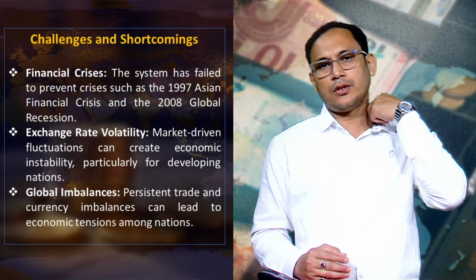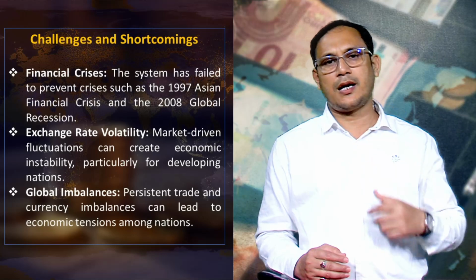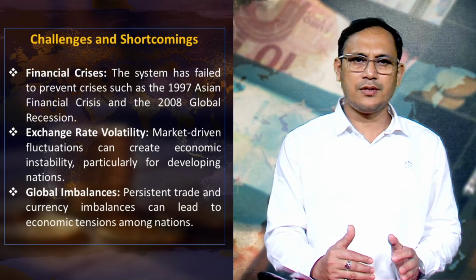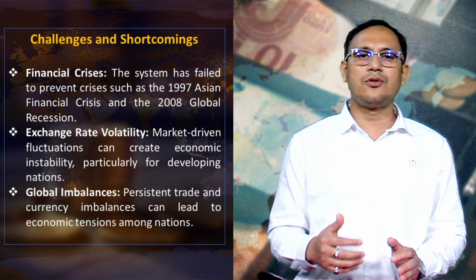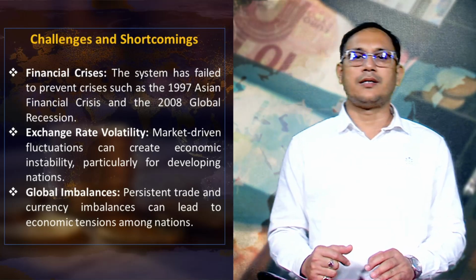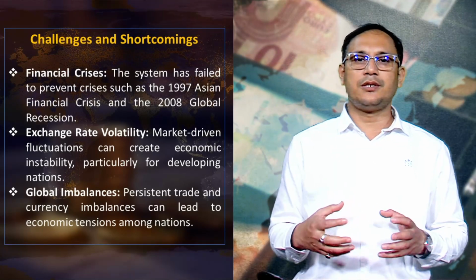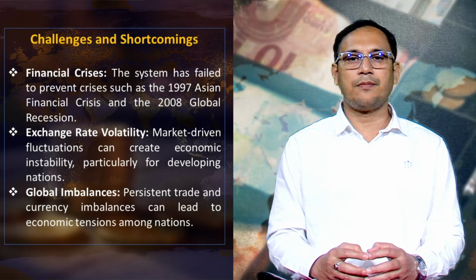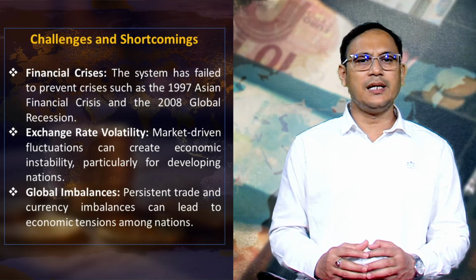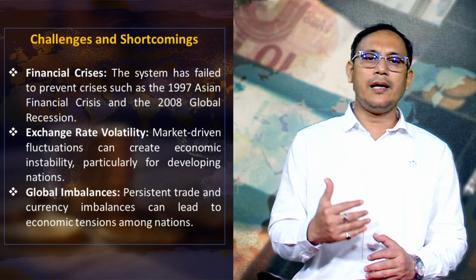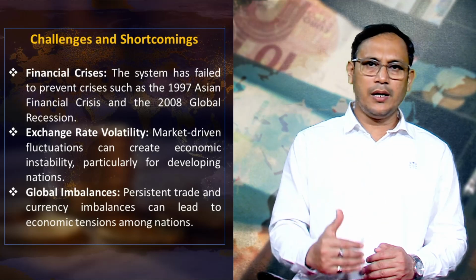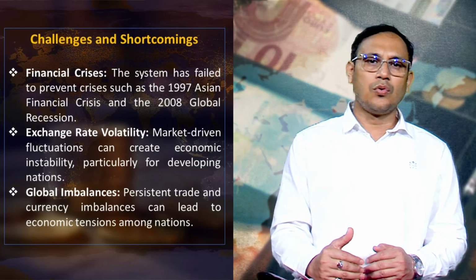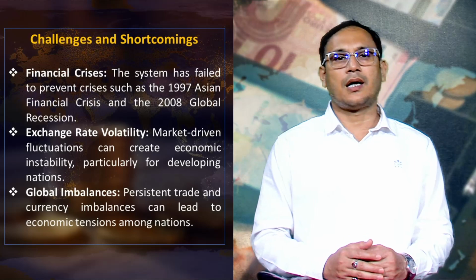So what are the shortcomings of the current system? One of the important shortcomings is instability, the inability to prevent financial crisis. Although flexibility is incorporated in this system and it has some advantages, still it is not fully able to prevent financial crisis.